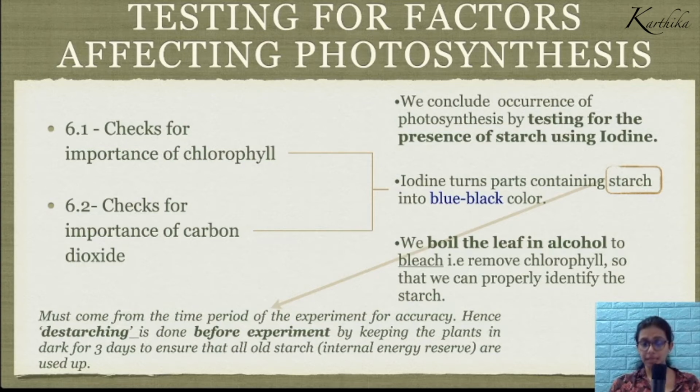First, we destarch the plant. Second, we boil the leaf in alcohol just before testing it, to make sure that the chlorophyll is removed so that we can see the result clearly. And thirdly, we do the iodine test, which tests for the presence of starch. In other words, which tests for the occurrence of photosynthesis.